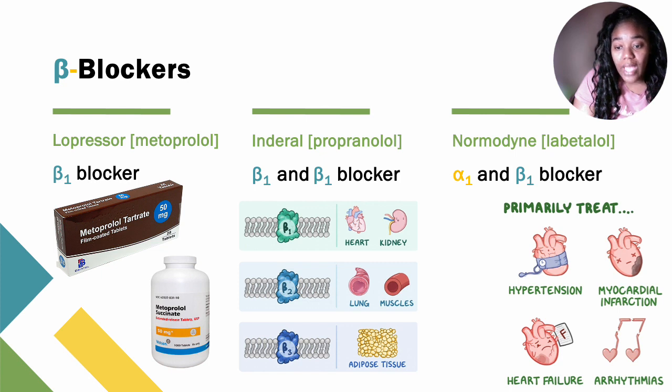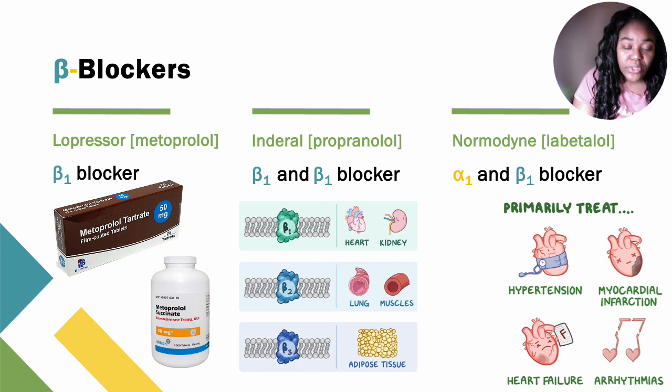And then Normodyne, also known as labetalol, is also non-selective because it can act on the alpha 1 and beta 1 receptors. Again, this is a beta blocker that works on both of those receptor sites, and they normally treat hypertension, myocardial infarction, heart failure, and arrhythmias.